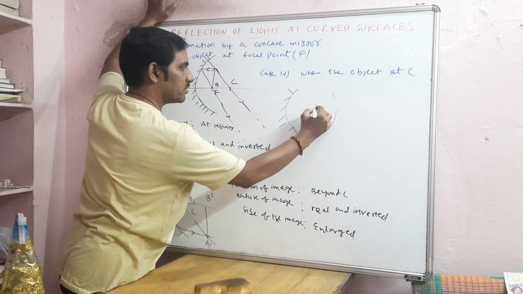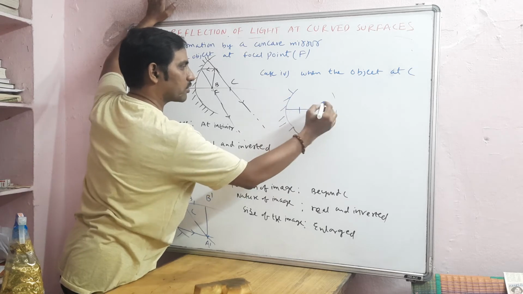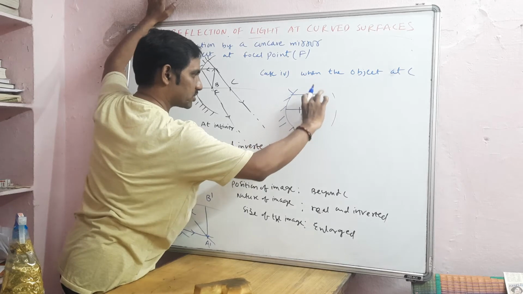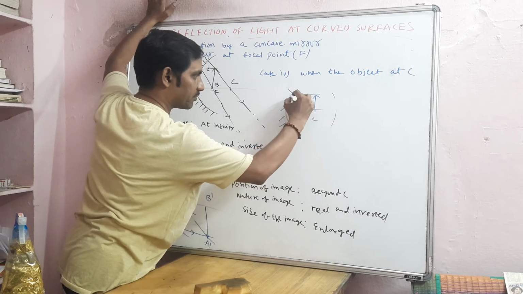For example, this is C, this is F. You are taking the object at C, so the light rays will meet here only, at the same distance.